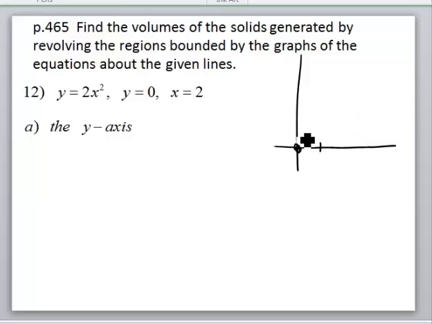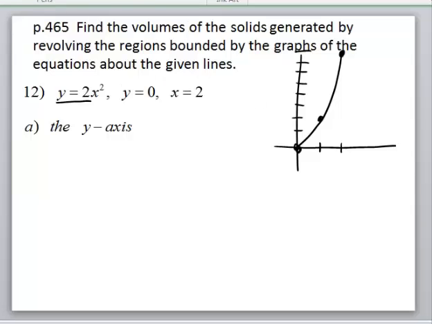When I plug in 1, I'm going to get 2. When I plug in 2, well, I'm supposed to just go to x equals 2, I get 8. So there's the picture of this.